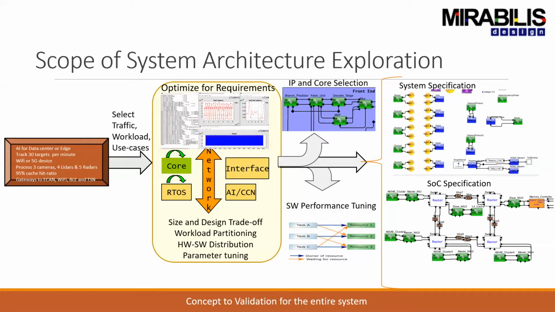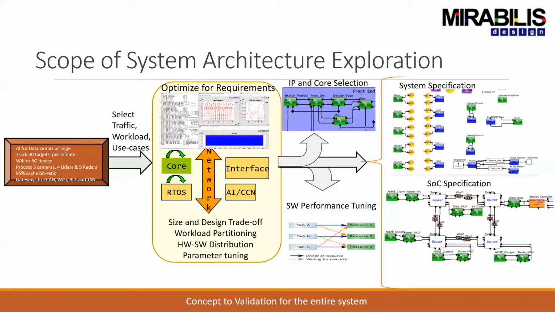And the goal is to take all of that and convert it into a combination of traffic, workloads, use cases, and construct a block diagram that you think is the initial starting point for what your system needs to look like.